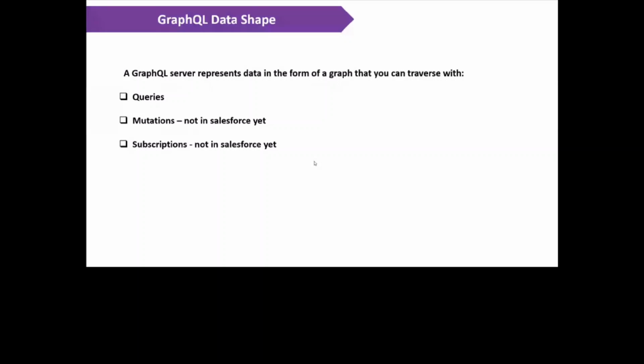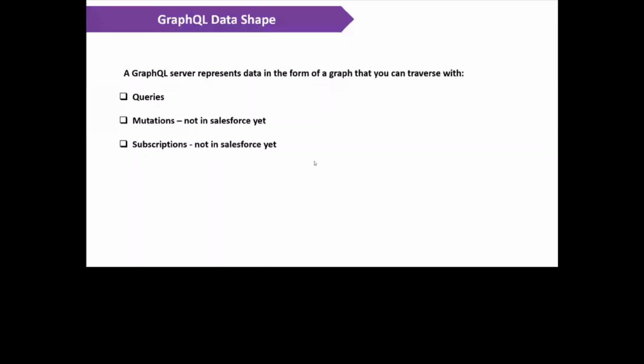Okay, and the next thing is query parsing, and the final thing is query execution. These are the standard steps any GraphQL API server implements, and Salesforce has implemented the same steps in its GraphQL API server. And here there are operation types: queries, mutations, subscriptions.